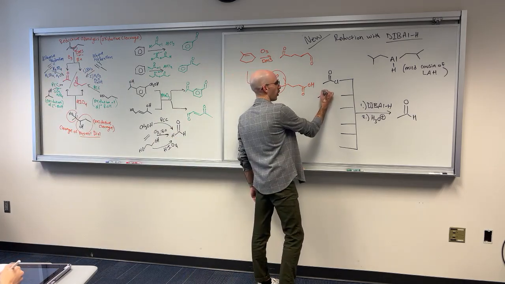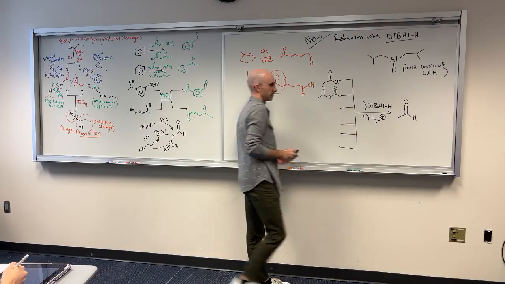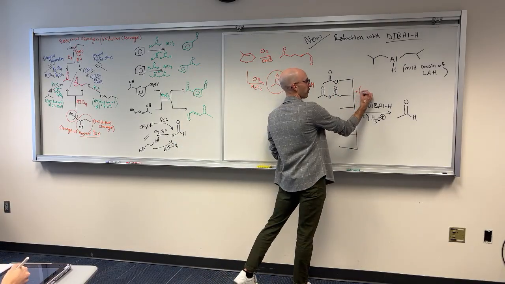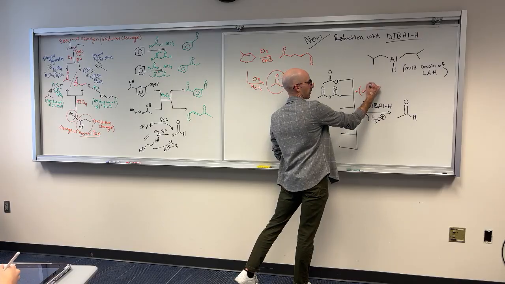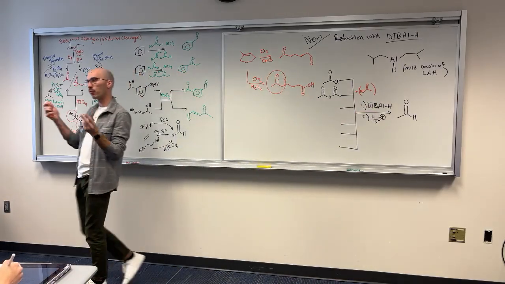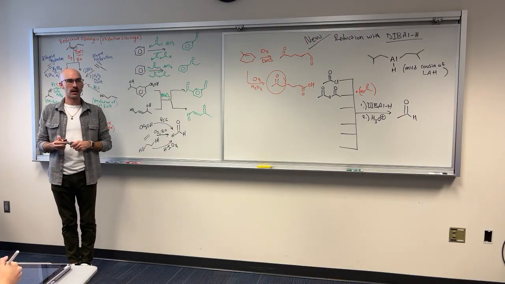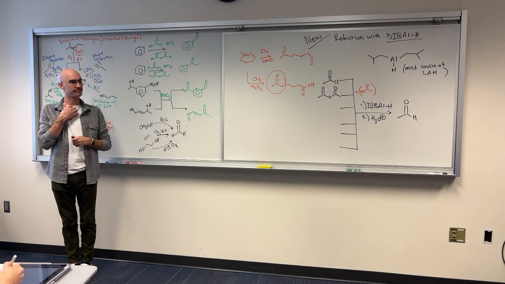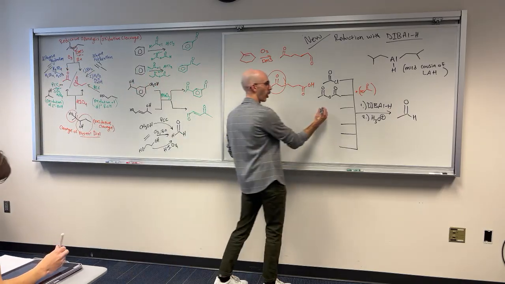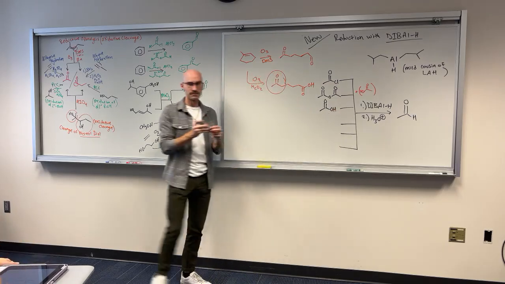I can also partially reduce acid anhydrides. It is important to recognize here that I also get a byproduct of a carboxylic acid. Only one of those carbonyls is reacted with, the other carbonyl is not. I can also partially reduce a carboxylic acid.